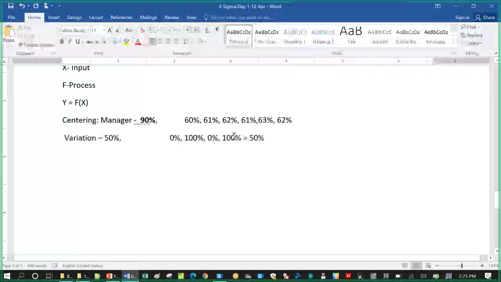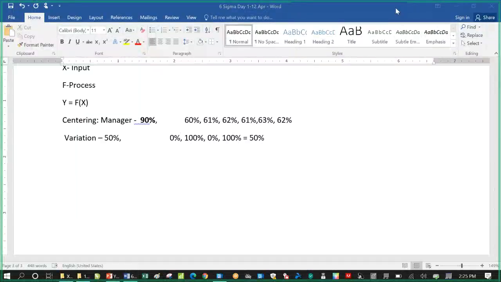This kind of problem is called variation problem. Understood? So the first situation was wherein they were very close to each other, but they were not meeting target. In the second situation, they are meeting target, but they are very far from each other. These two kinds of problems you can see in any organization: either centering will be a problem or variation will be a problem.